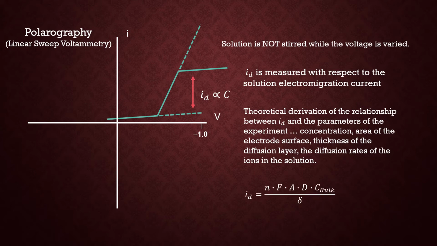So again, as I stated, the theoretical derivation, you have this as one possibility. I'll draw your attention to the denominator here, and that is the diffusion layer thickness. So this is why when you stir versus not stirring, the current will continue up in that linear fashion. So think about this in terms of that thickness.